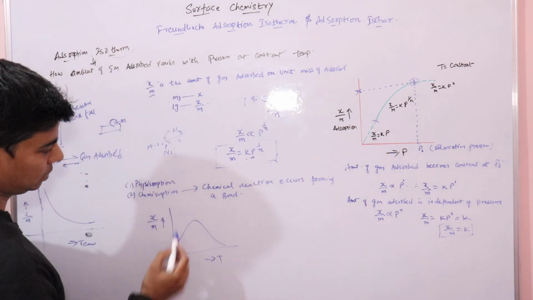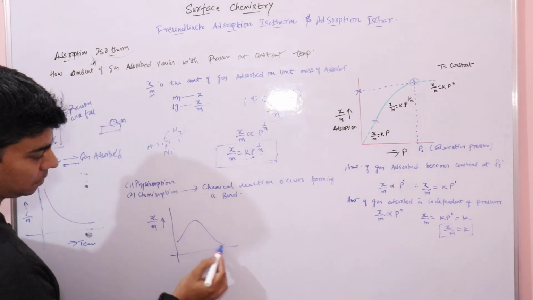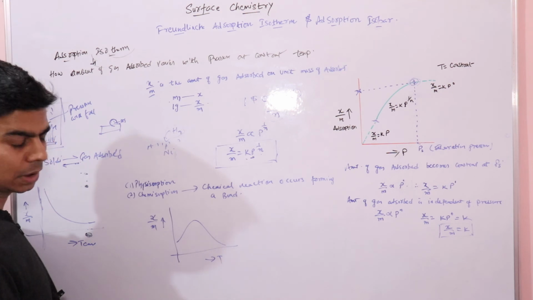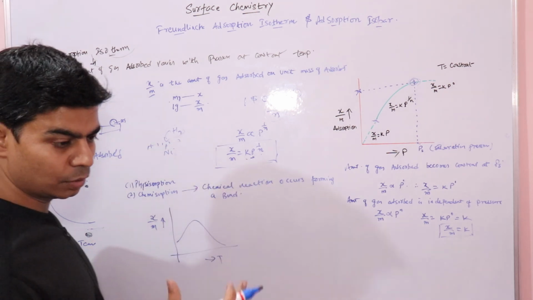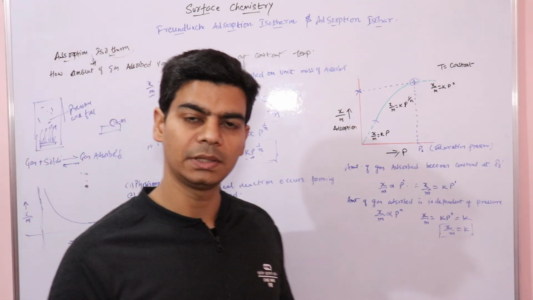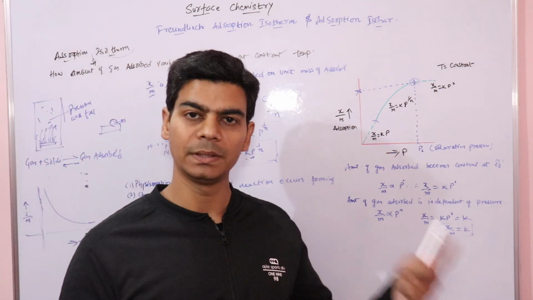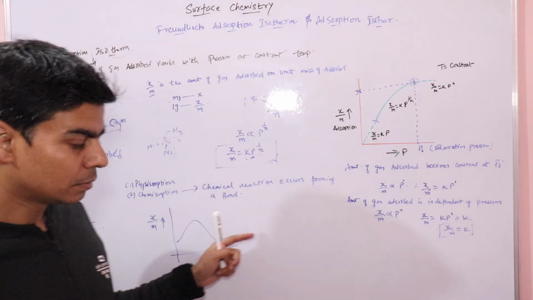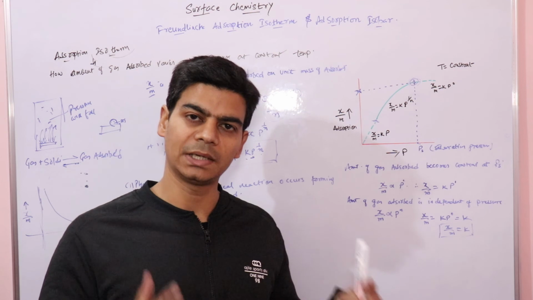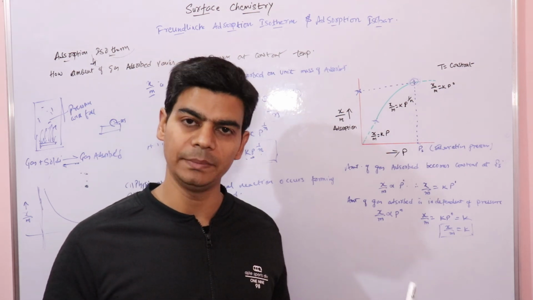This is how the adsorption isobar will look. Since it's a chemical reaction, the rate of chemical reaction increases with increase in temperature initially. Why? Because there is something known as activation energy that we have done in chemical kinetics.